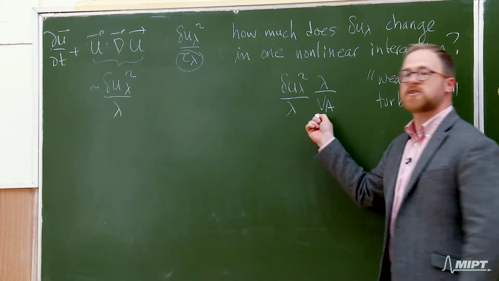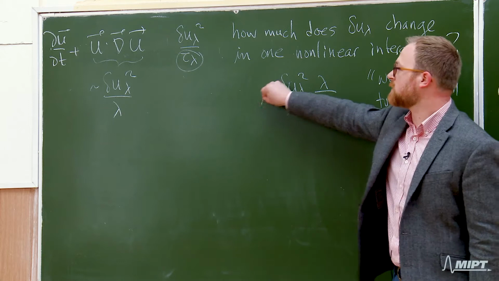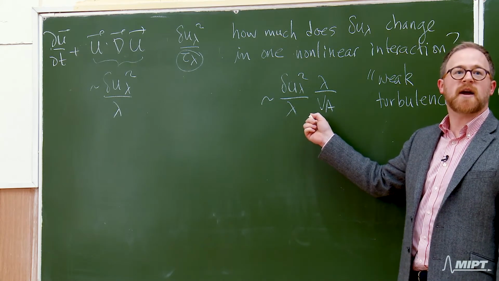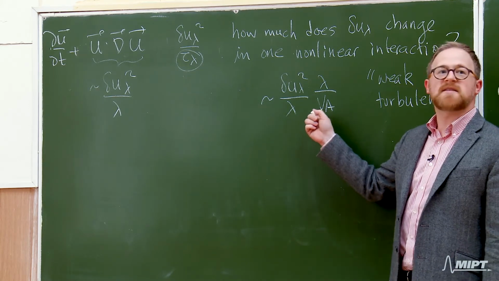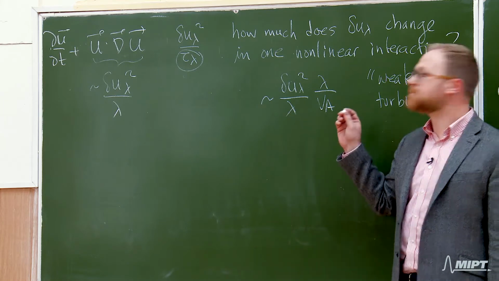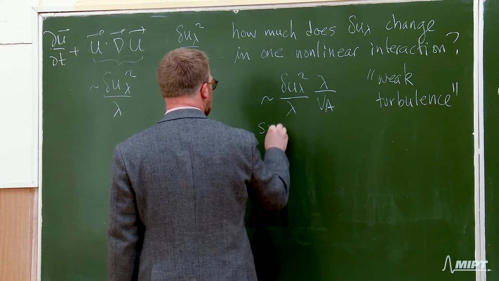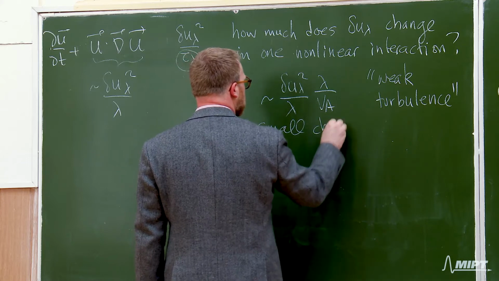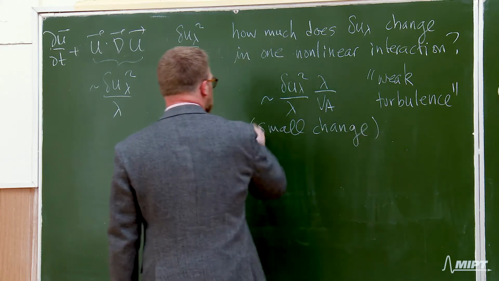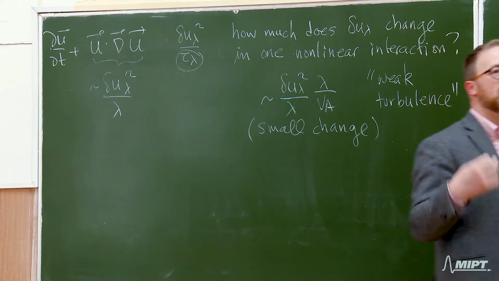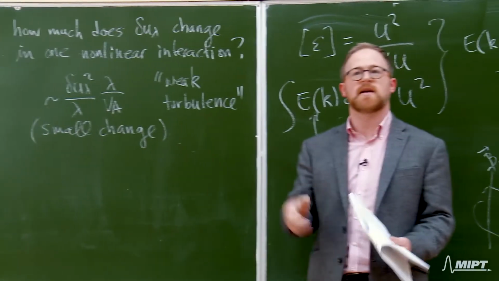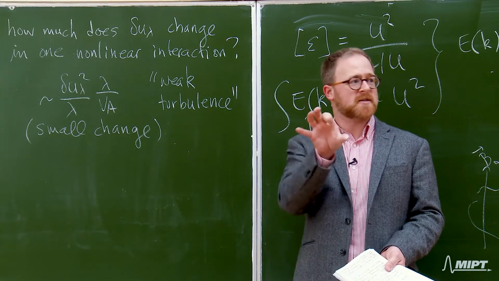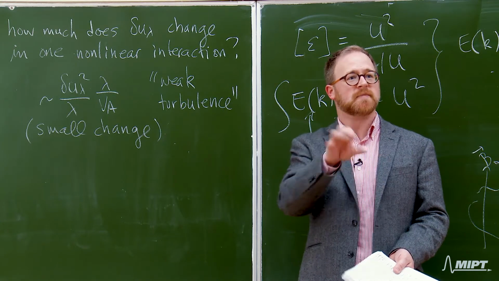One of the wave packets changes by an amount, which is roughly like this during that interaction. But this is actually a small change. And that's why it's called weak turbulence. In any one collision between different wave packets, the nature of any one of those wave packets does not change much during one collision.